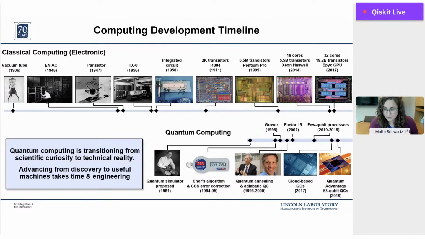So quantum computing is really at a transition point now, where it's moved from a scientific curiosity to a real technical reality. And this advance has required a whole lot of time and a whole lot of engineering. And we're in a really exciting place in the development of quantum computing now, where we can really start to understand how to make it work in a realistic way.